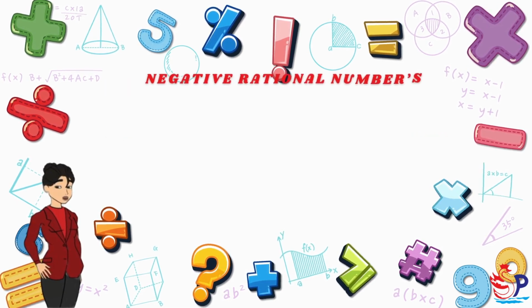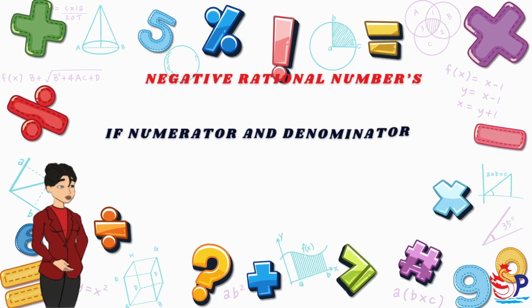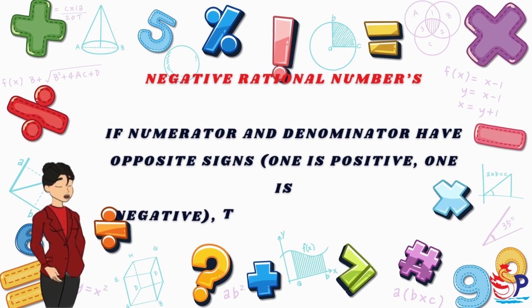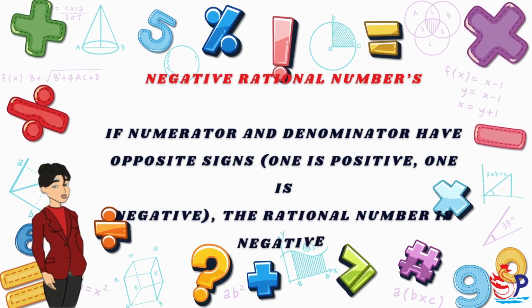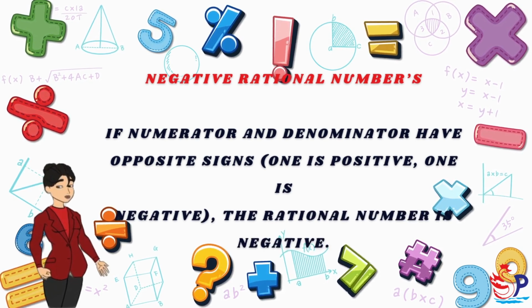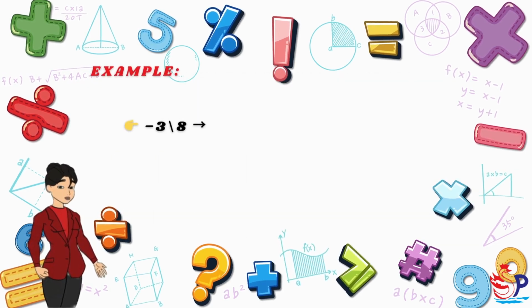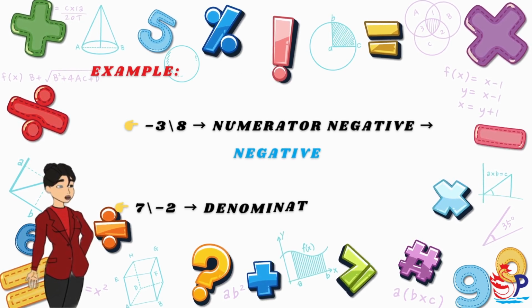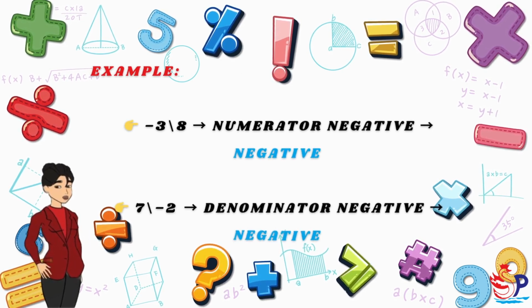Negative rational numbers. If numerator and denominator have opposite signs, one positive and one negative, the rational number is negative. Example: -3 by 8, numerator negative. 7 by -2, denominator negative.